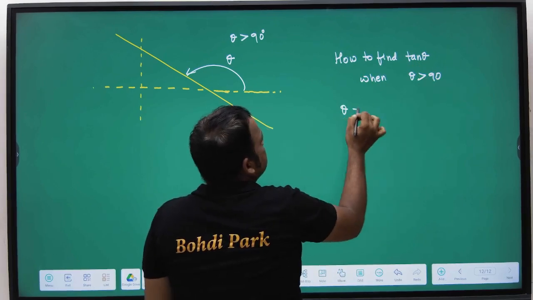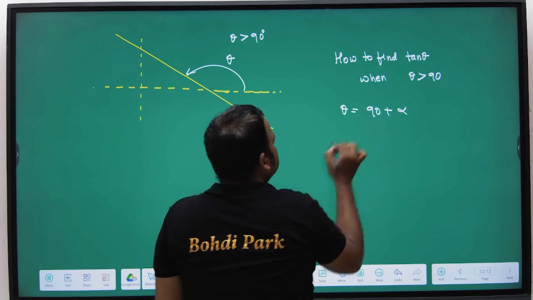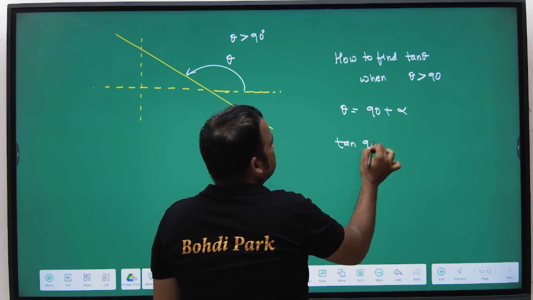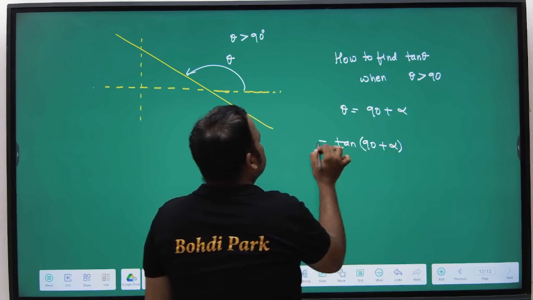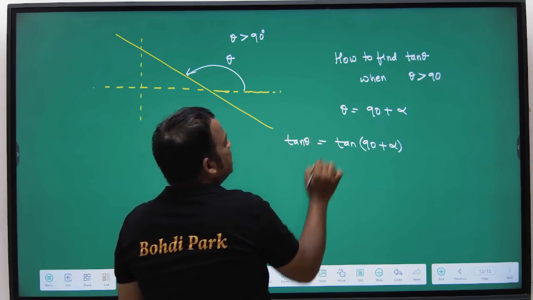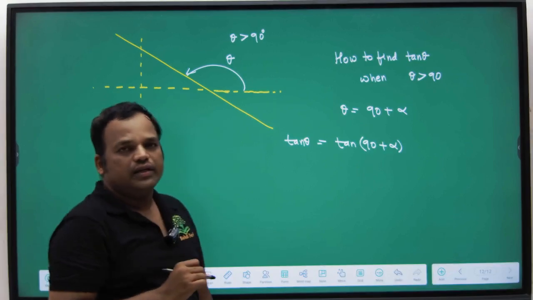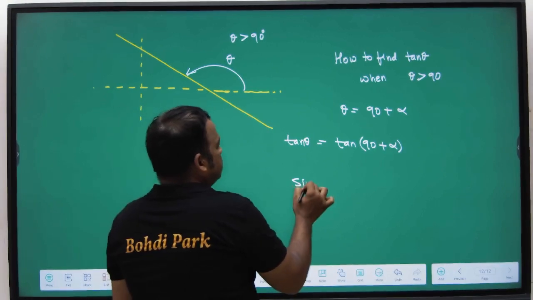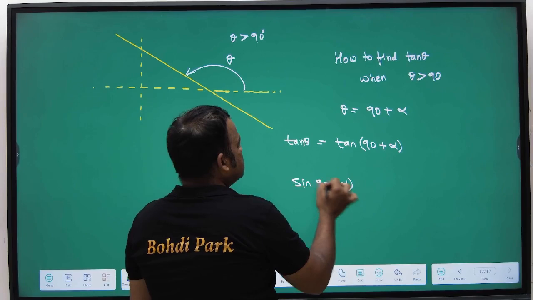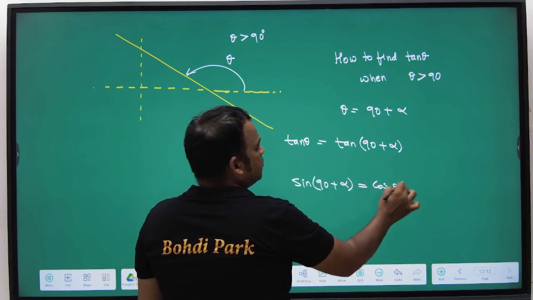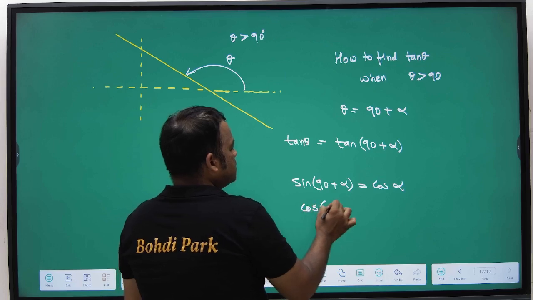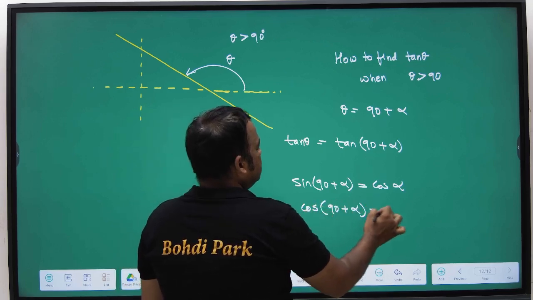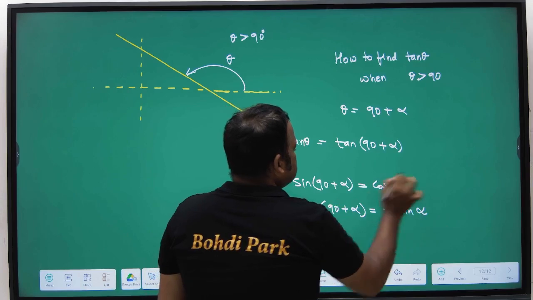Suppose theta is equal to 90 plus alpha. So we have tan theta equal to tan of 90 plus alpha. How to find tan 90 plus alpha? We know that sin 90 plus alpha is cos alpha, and cos 90 plus alpha is minus sin alpha.